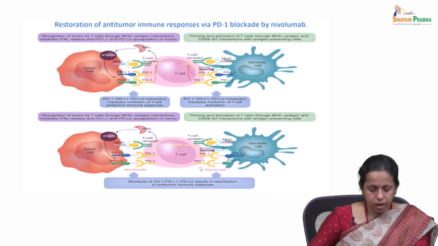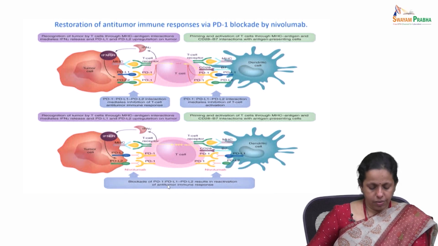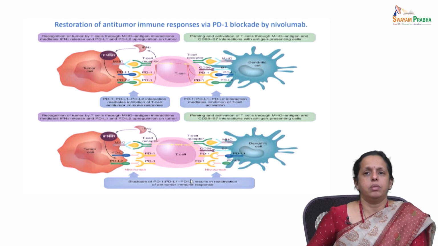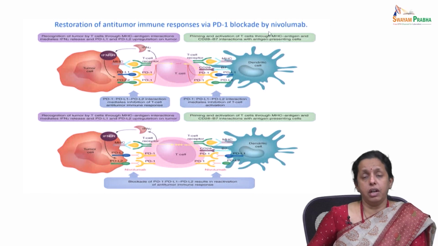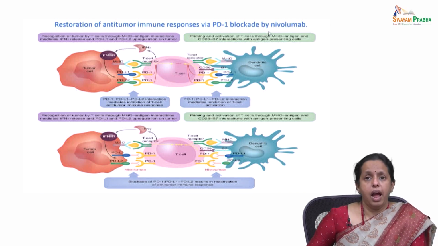Your complete reactivation of your anti-tumor immune response. The strategy behind your immune checkpoint blockade is to reduce the inhibitory signal and restore the patient's natural tumor specific T cell mediated response, which is achieved by this particular monoclonal antibody.